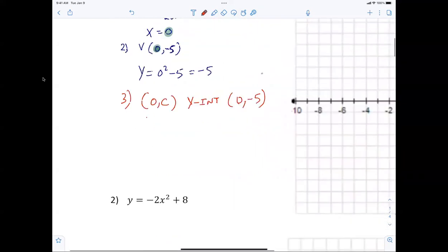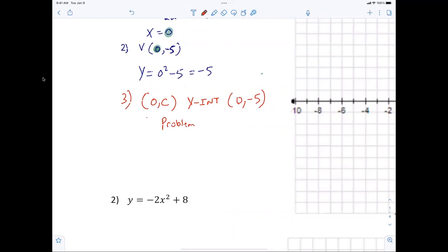I want everybody to put down that this is kind of a problem. Why is that a problem? That's exactly right. It's the same as the vertex. That's usually not the case, but in this case, it is. So there's a problem. We only have 1 point. Can we really graph a parabola using 1 point? No, we cannot.